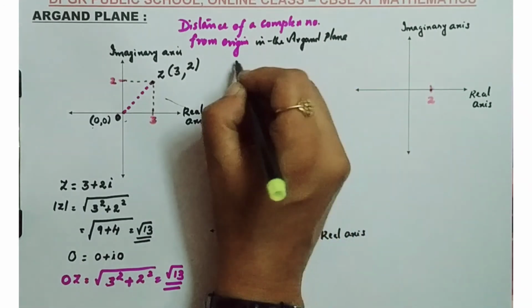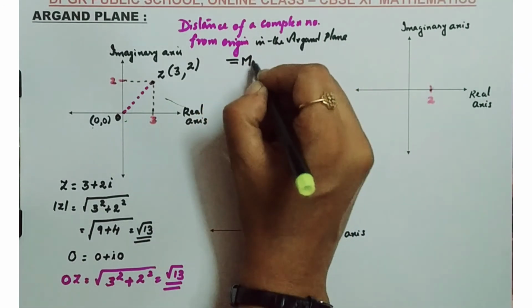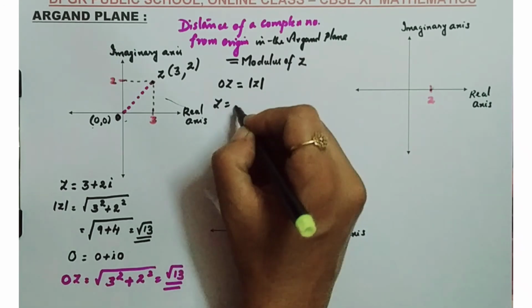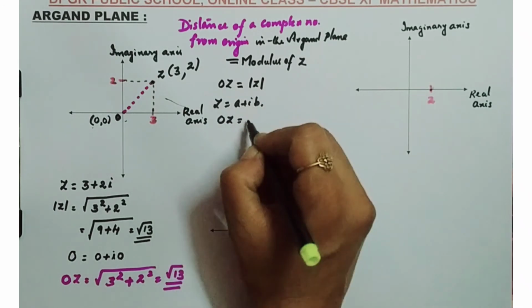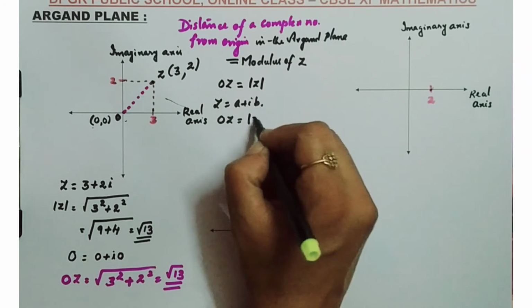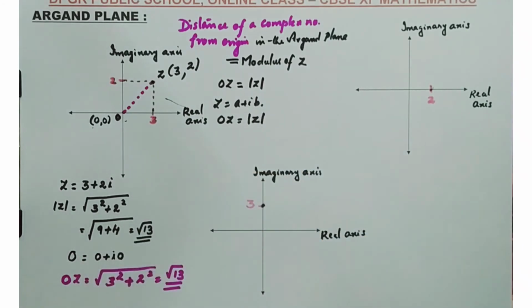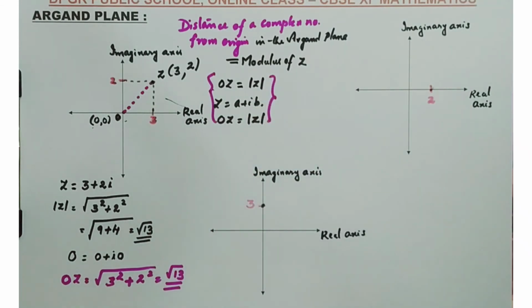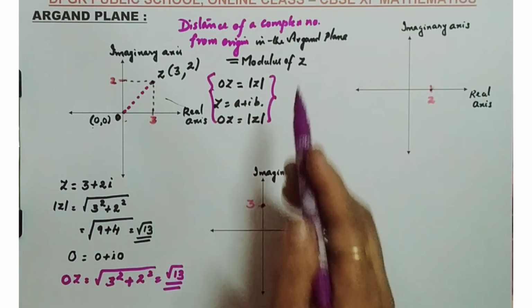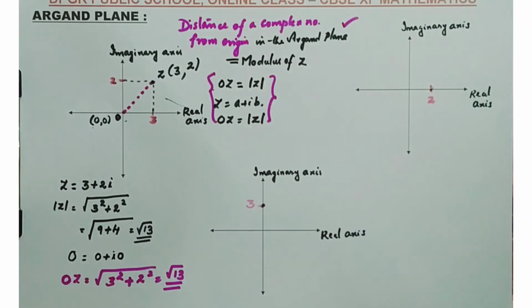That will be equal to the modulus of the complex number. If z equals a plus ib, then the distance will be root of a square plus b square, or mod z. Remember this. For any complex number, the distance of the complex number from the origin equals the modulus of the complex number itself.